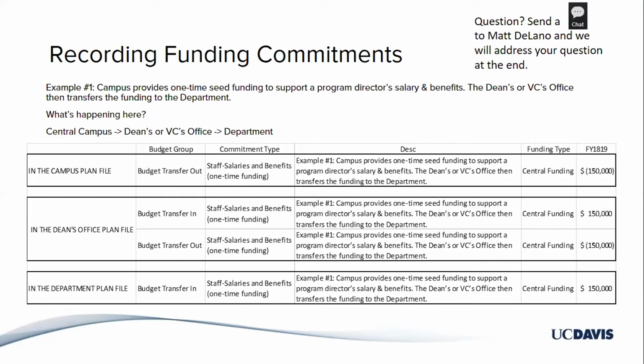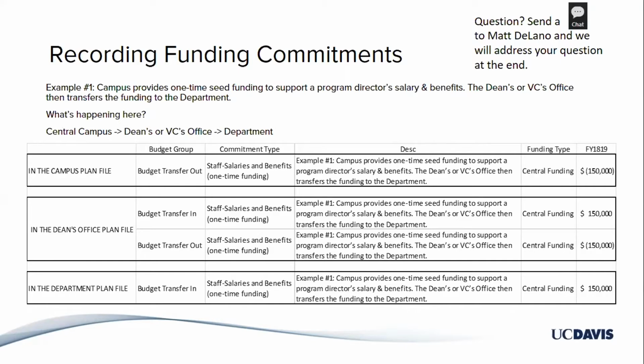And so the way that we've done this last year is, especially for central campus, we in BIA have recorded the commitments for you in AggieBudget. So we've recorded the first 2 lines here of the budget transfer out in the campus plan file, with it being described as central funding, and then passing it along to the dean's office as a budget transfer in from central campus.